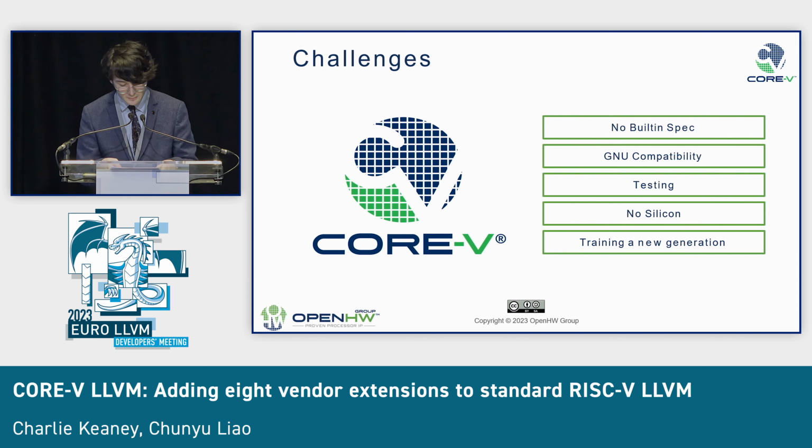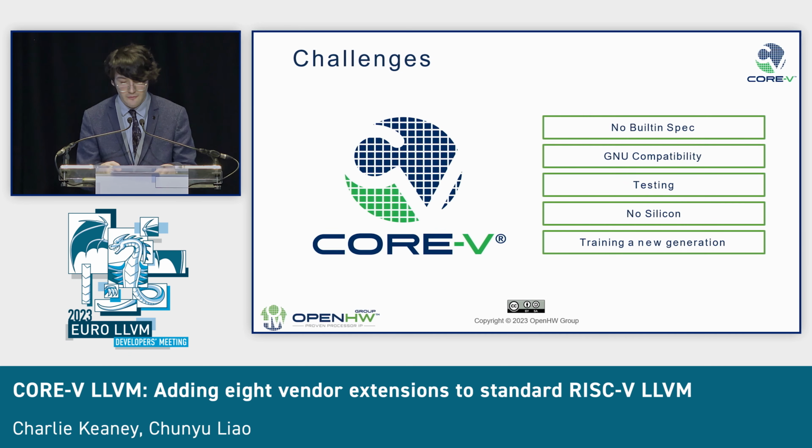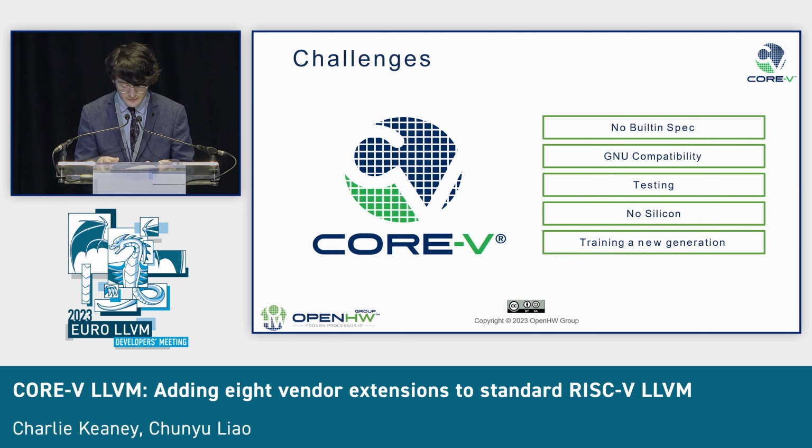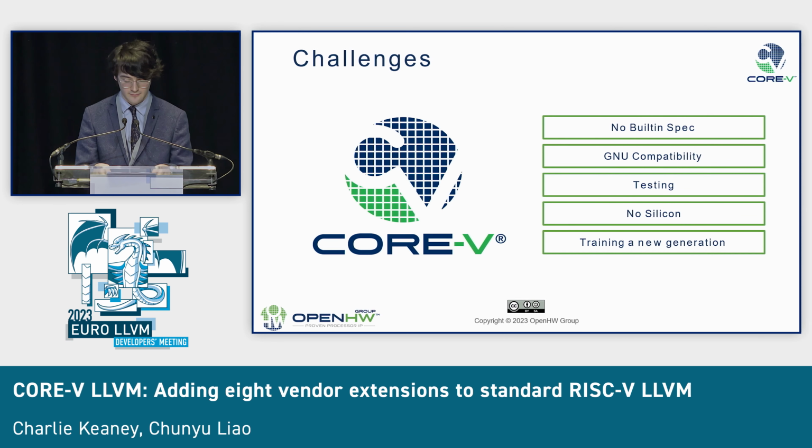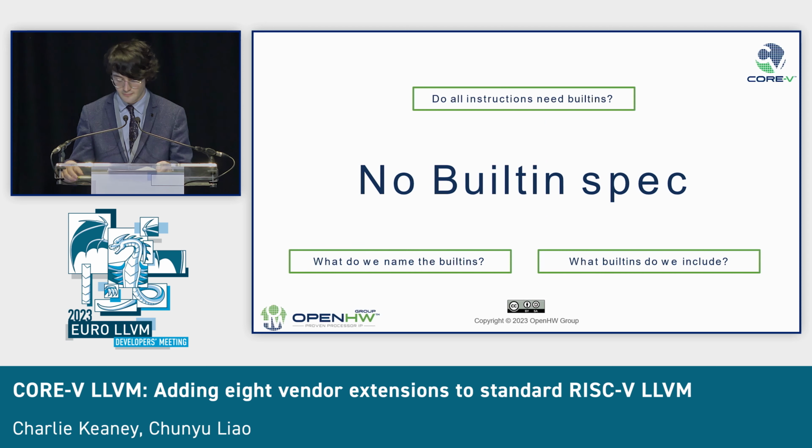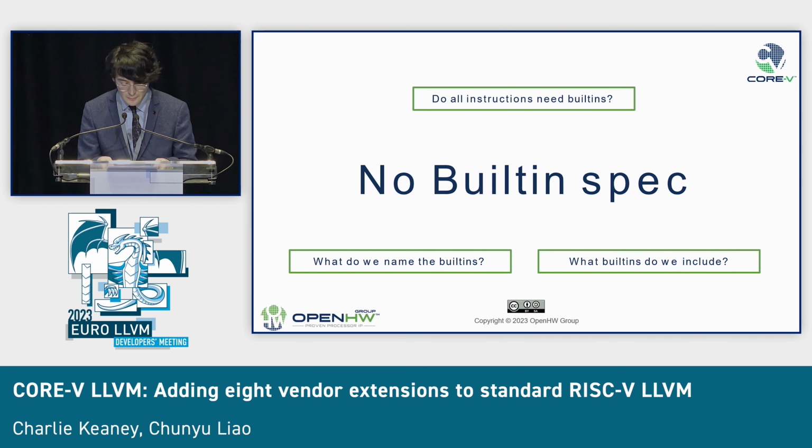While we were trying to develop Core 5 LLVM, we encountered various challenges and opportunities. In the following slides, I will discuss each of these in turn. Because there was no built-in spec, we had to think carefully about what built-ins to include. We came to the conclusion that there are many instructions for which it does not make sense to add built-ins.